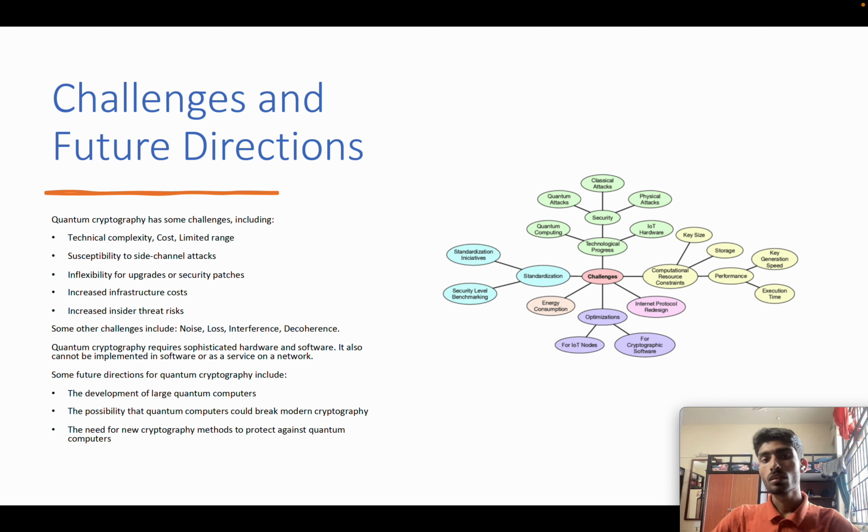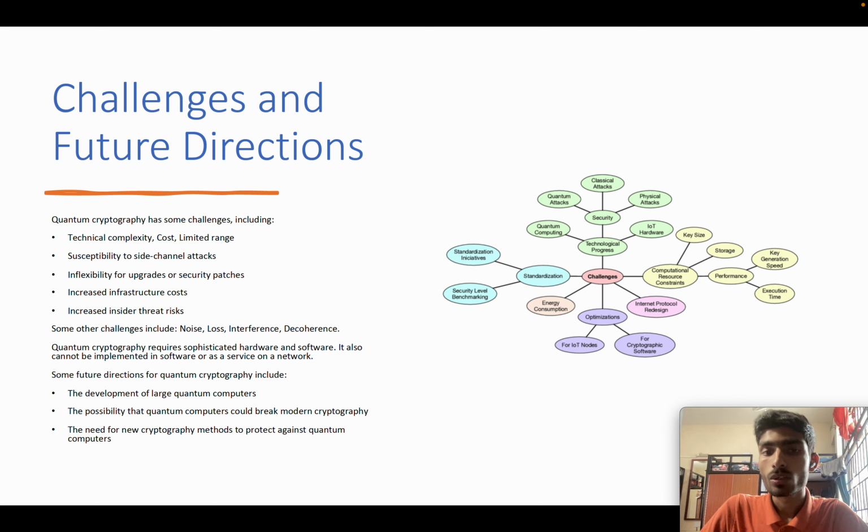As we move to this slide, we confront the challenges facing quantum cryptography. Technical complexity, cost, limited range, susceptibility to side channel attacks, and inflexibility for upgrades or security patches pose significant hurdles.